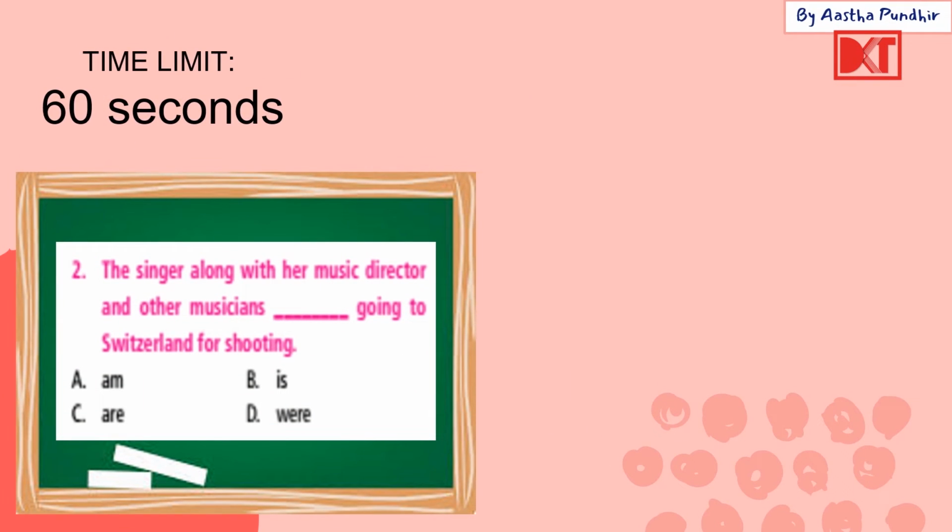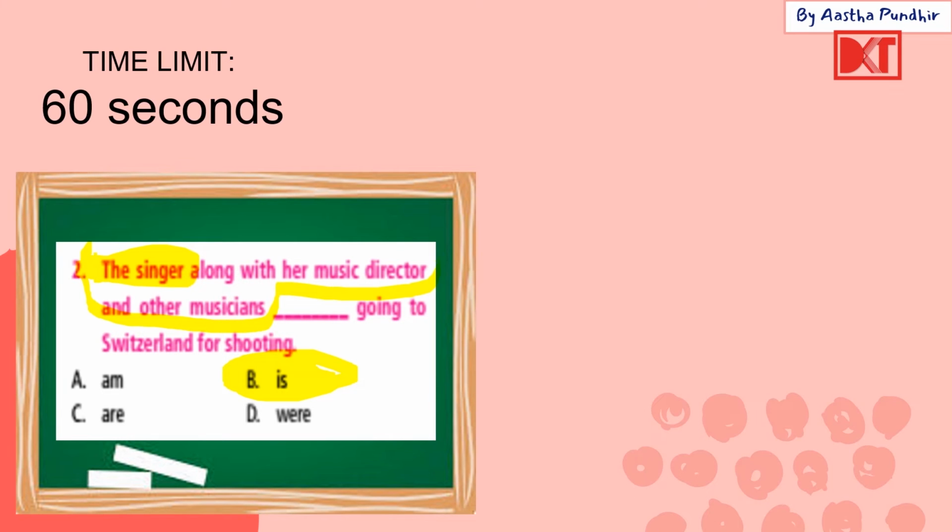Alright, here we have the singer along with the music director and other musicians dash going to Switzerland for shooting. Am going, is going, are going, were going. So here, the correct answer is B, is going. Now here you have to be very careful because see, here the subject is the singer. The subject is not this whole crew.